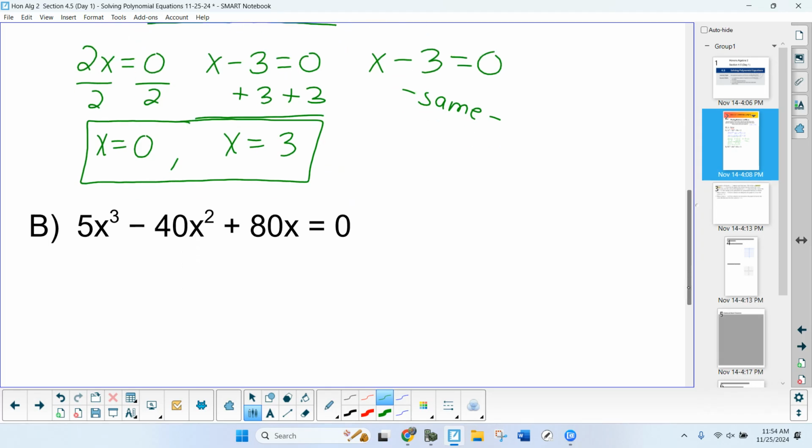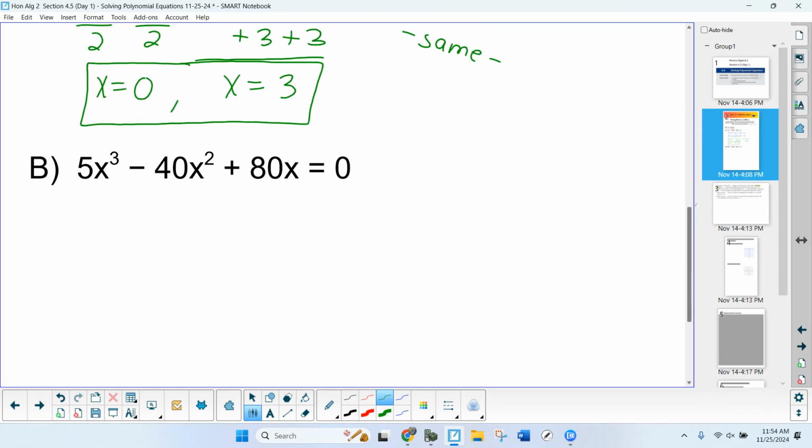All right, let's go to the second one. What's my first rule of factoring? Do you have a GCF? 5x. So when you pull out a 5x, what do you have left? Now you have a trinomial.